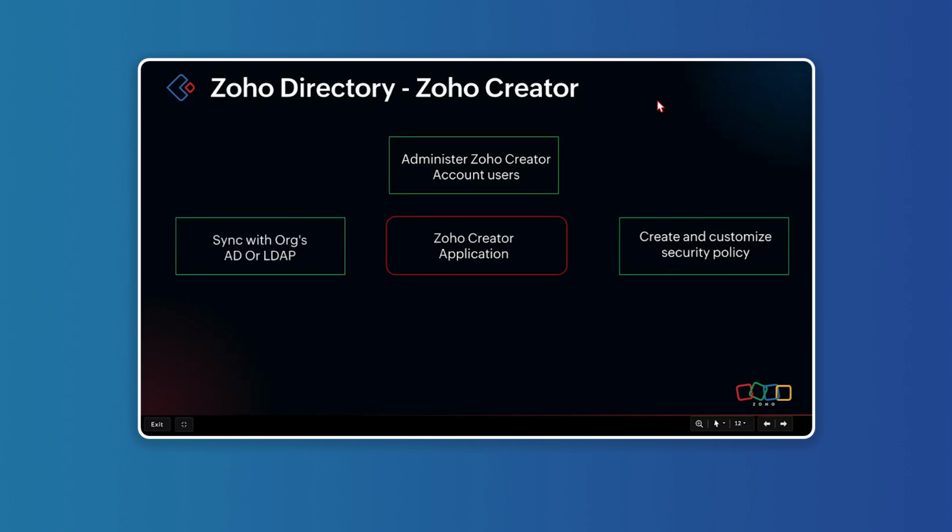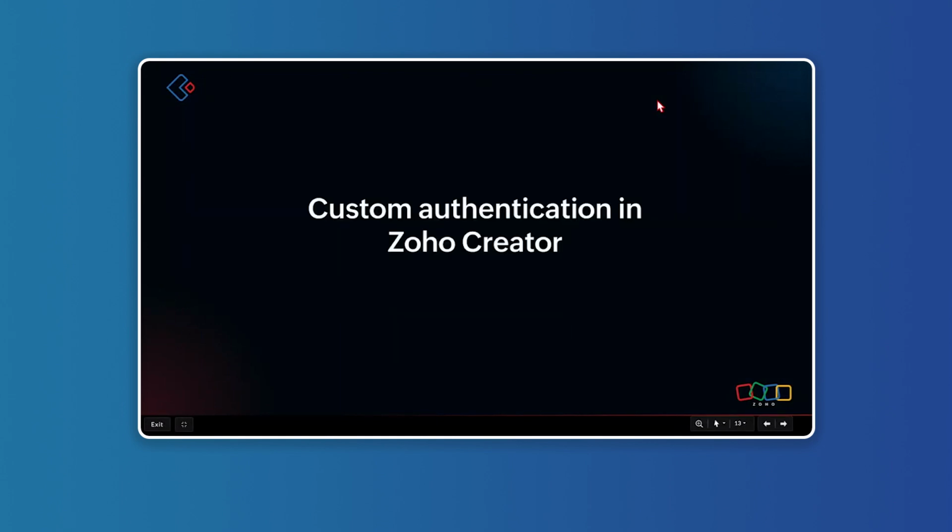You also can sync with the organization's Active Directory or LDAP servers, and you also can provide single sign-on for org users as well. Now, let's look at one such option that is available in Zoho Creator in the governance section, called custom authentication. When you have successfully done the custom authentication, you will be able to sign into a single application.